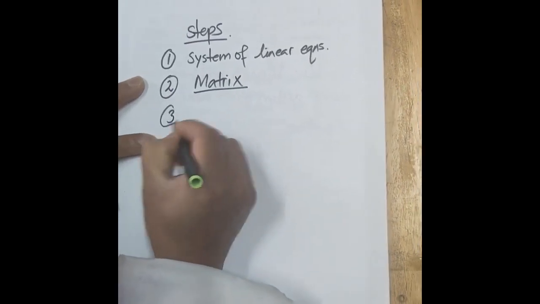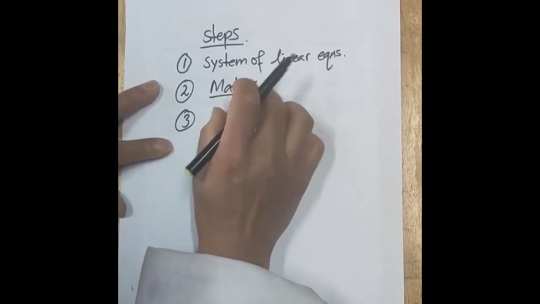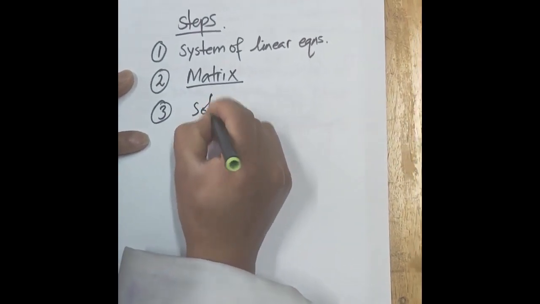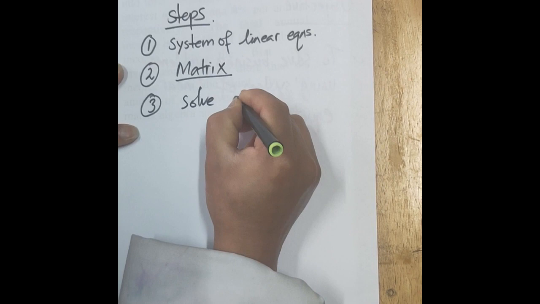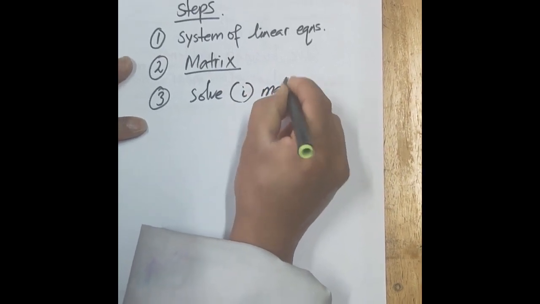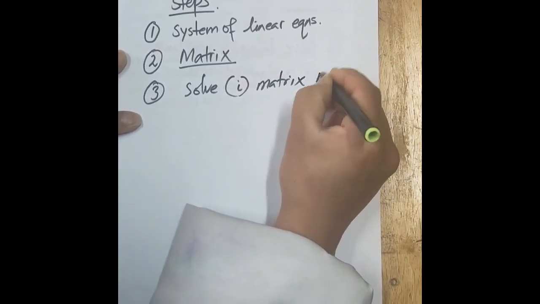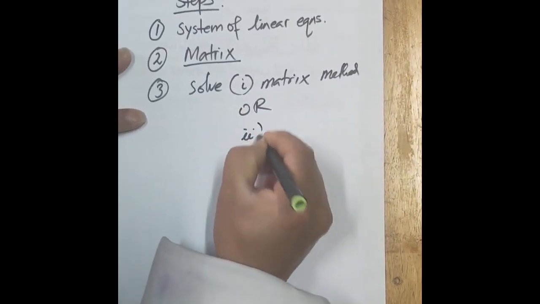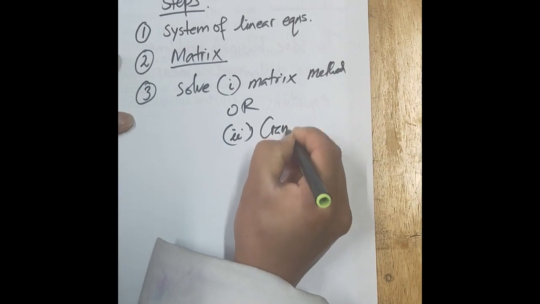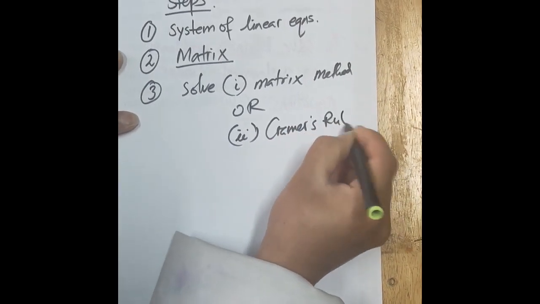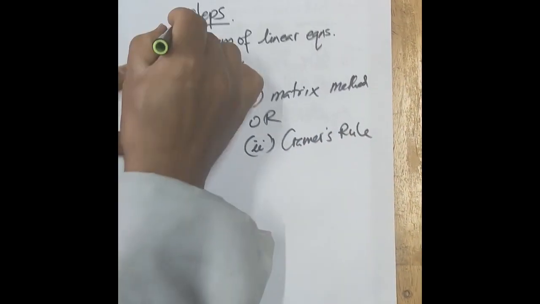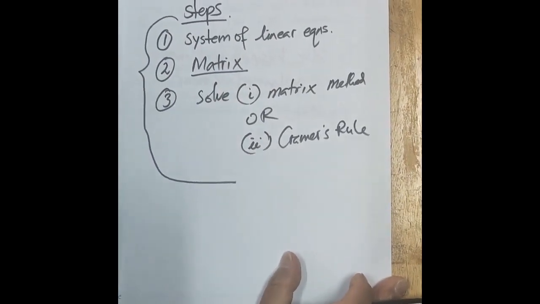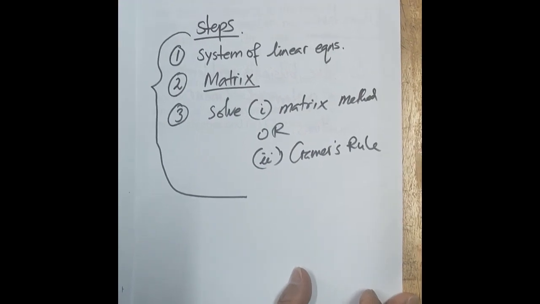Once you do that, you can solve these equations either using the matrix method or using Cramer's rule. So you have to keep in mind these three steps whenever you solve applications of system of linear equations.